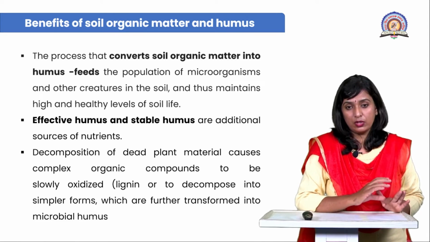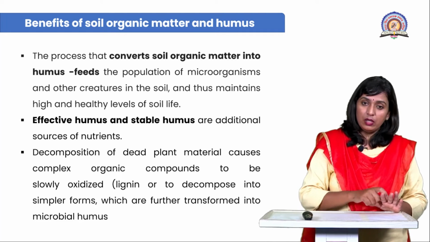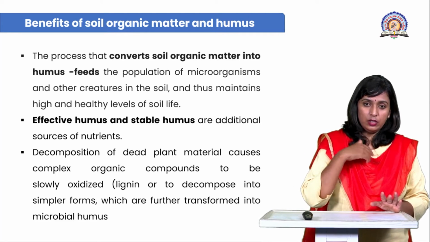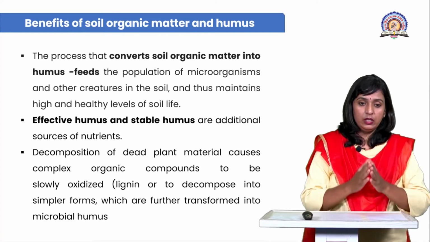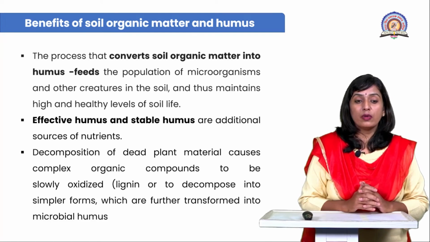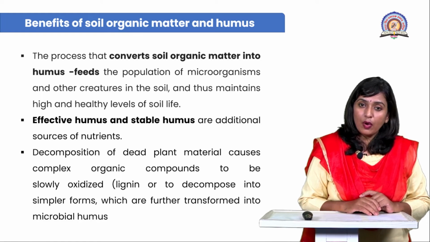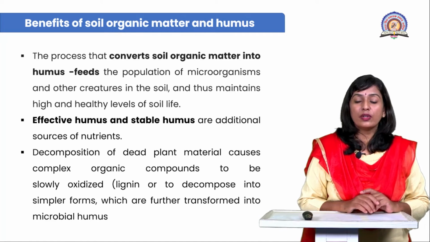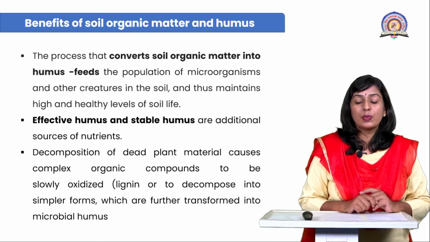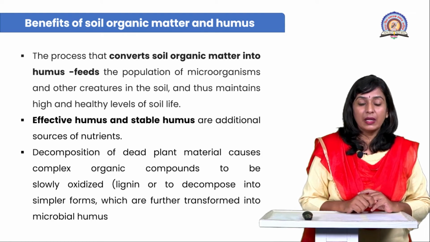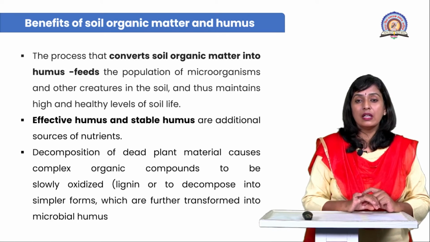Microorganisms, nematodes, earthworms. They convert that organic matter into humus. So this feeds the population of microorganisms. During humification, a large amount of microorganisms feed on it, and all the creatures present in the soil are fed as well, maintaining a high and healthy level of soil life.